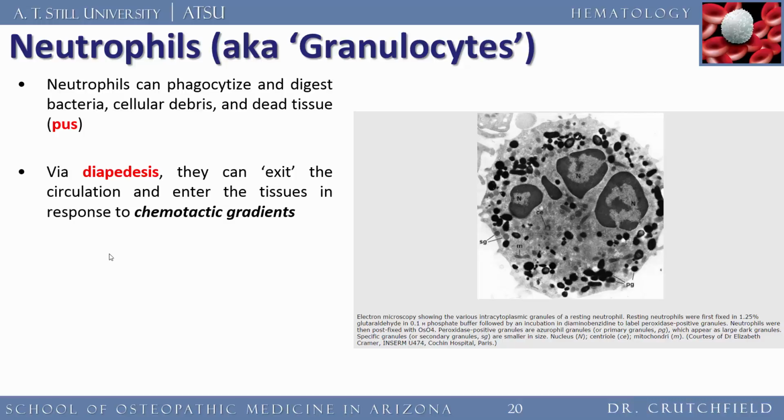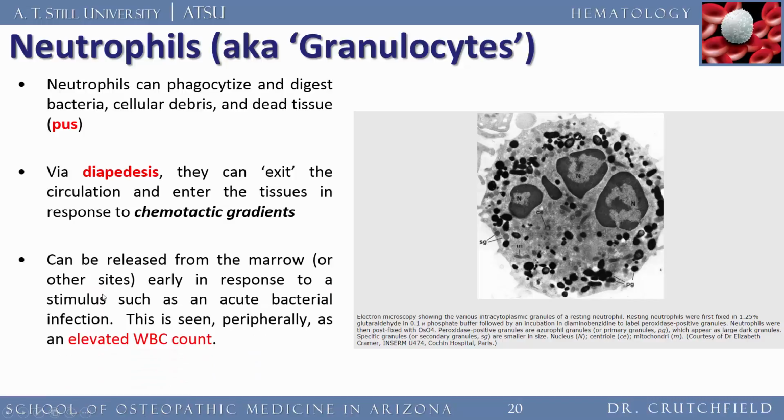By using diapedesis, I'm going to screw this up, they can grow these little tiny extensions, sort of like pseudopods, pseudo legs, I guess. Not quite like an amoeba, but maybe a little bit like it. In response to chemotactic gradients, they can call out these PMNs and go over and start chomping away, eating bacteria and other infectious sources.